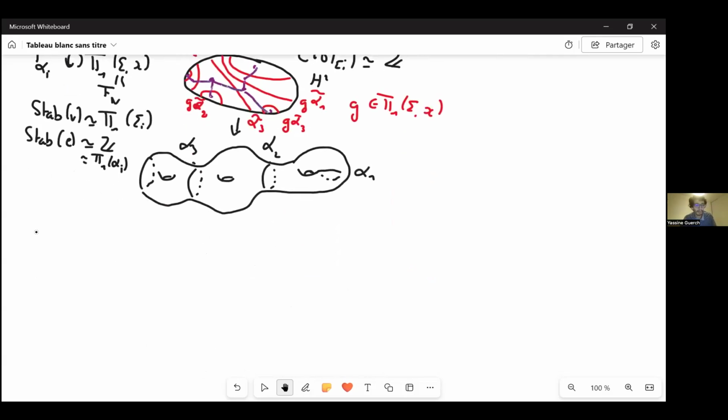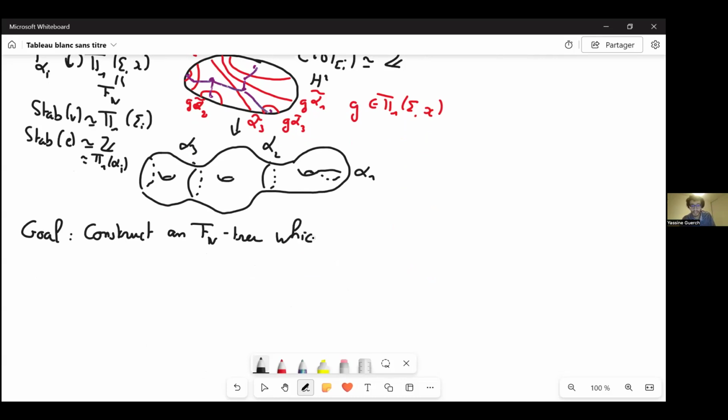So our goal is to construct an FN tree which encapsulates the dynamics of the automorphism that you started with.